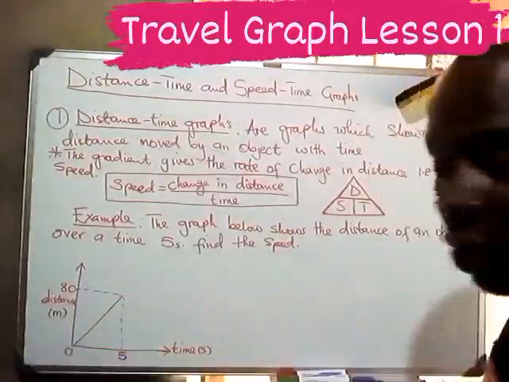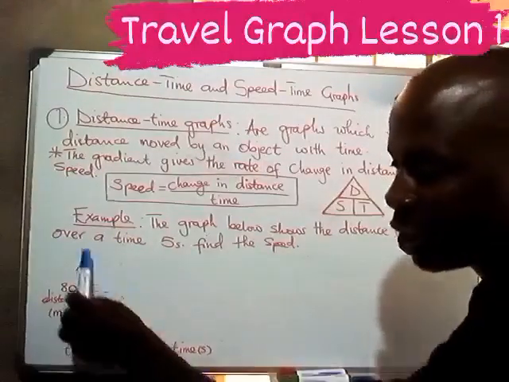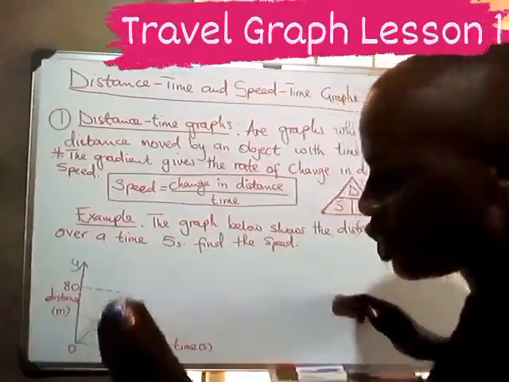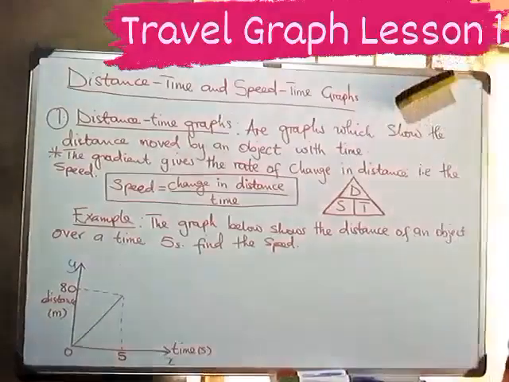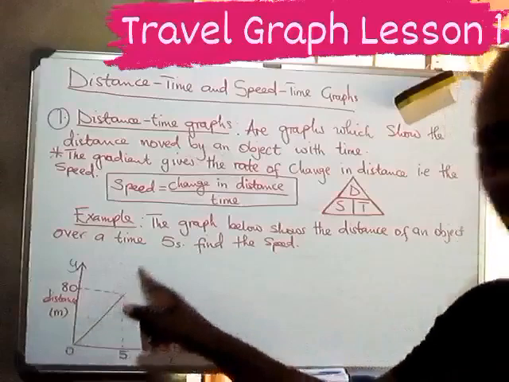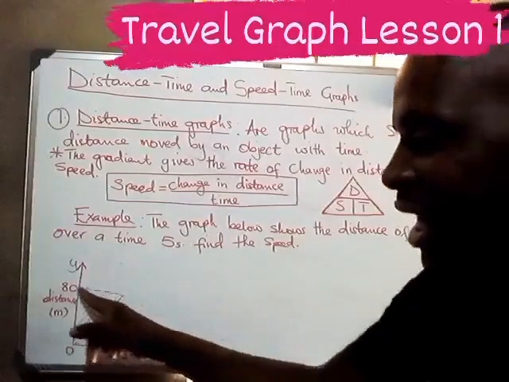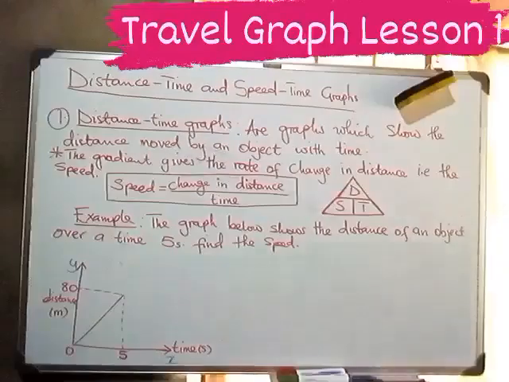These are just showing us where the graph was reached where the y-axis is concerned. And this other line shows us the value of x along the x-axis. And this line also shows us the value of y along the y-axis.